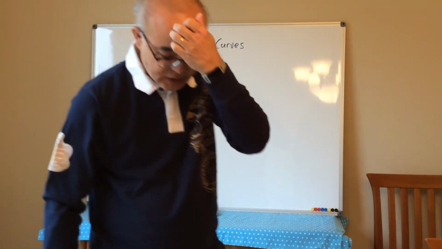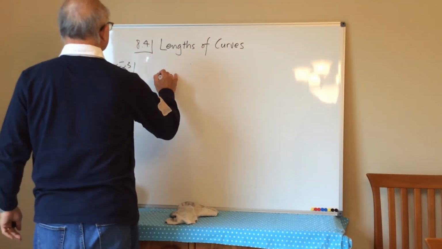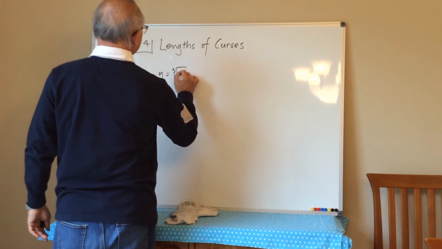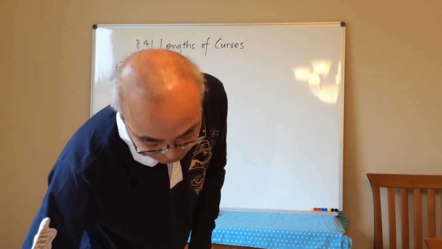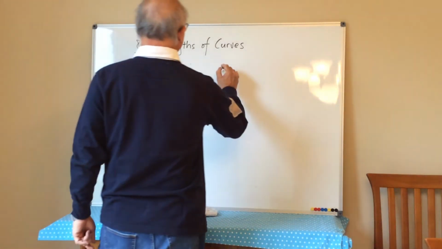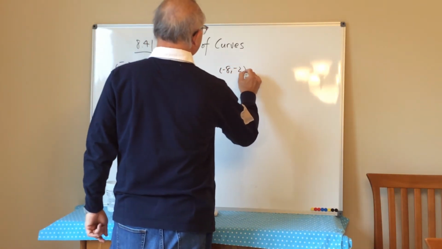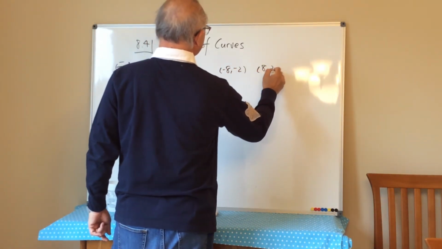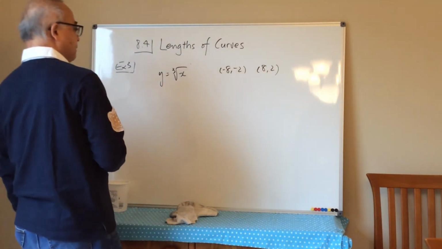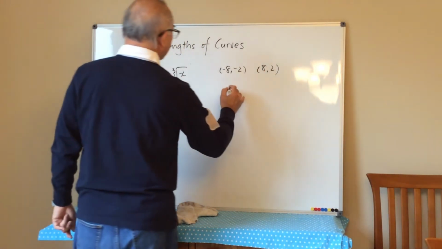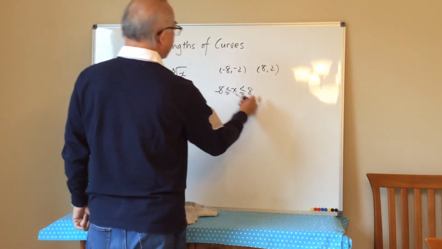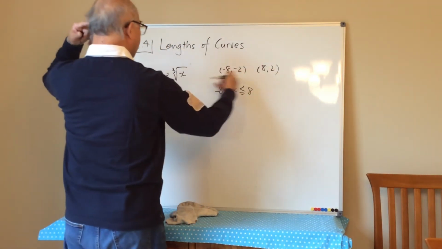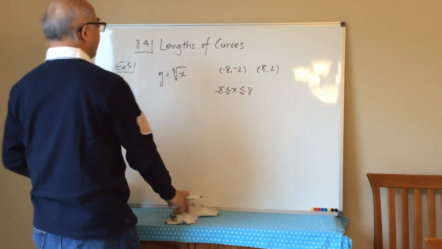So example number 3, we have y is equal to cube root x, and we're going from -8 to 8. Notice it didn't give you this, it gave you the 2 points, actually, right? So that's kind of a little hint there.